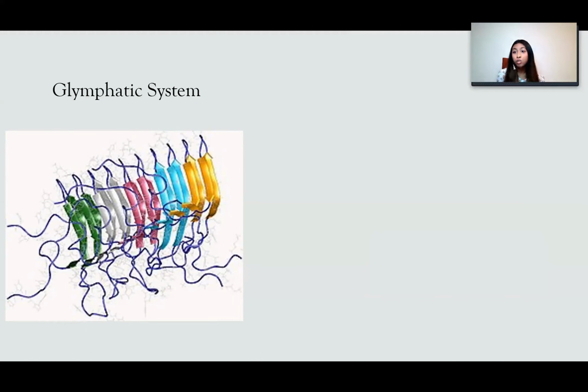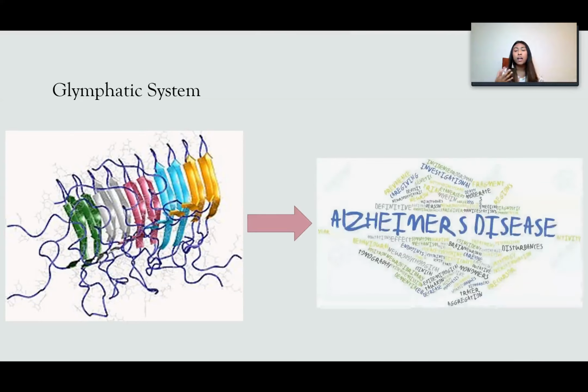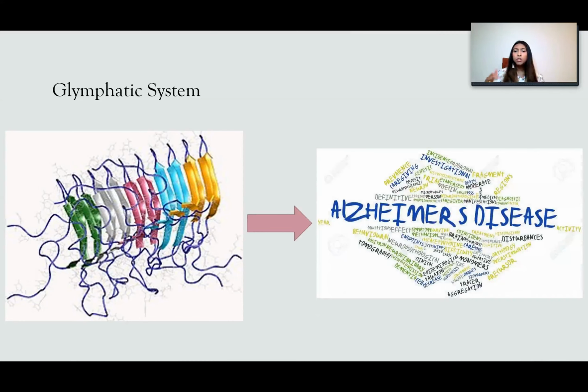There's not going to be any disposal because there's no sleep, so the glial cells are not allowed to work. This can result in a lot of neurodegenerative diseases, one of which is Alzheimer's disease. Alzheimer's disease has many causes, sleep deprivation just being one of them.